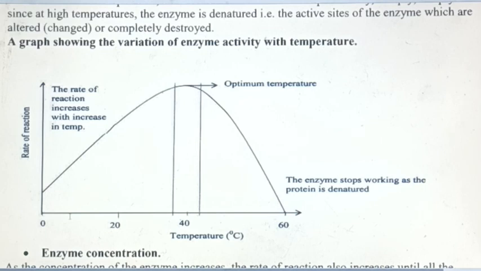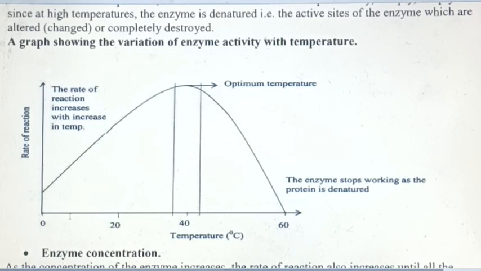So at extremely high temperatures, the rate of reaction reduces because the enzymes are being destroyed. Now, when the enzymes are destroyed, the active sites, those active binding sites that combine with the substrates, will be changing.